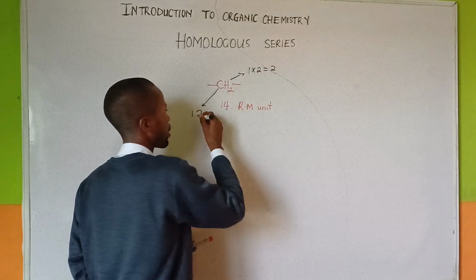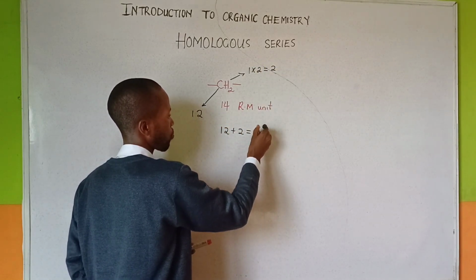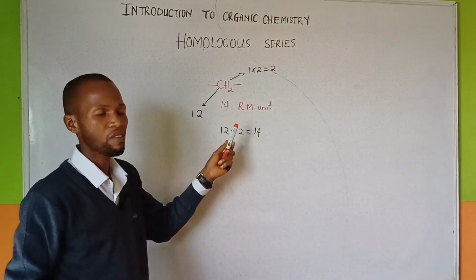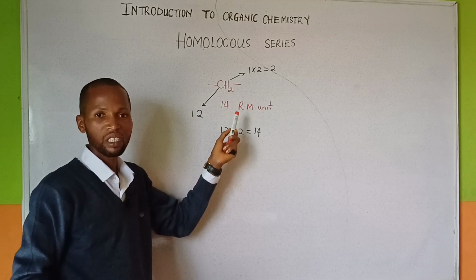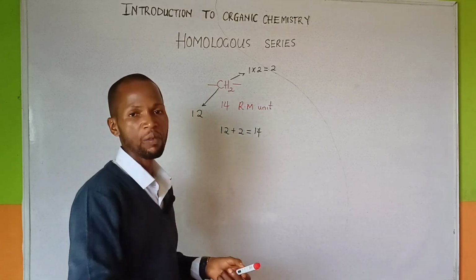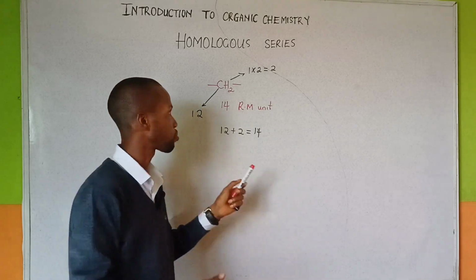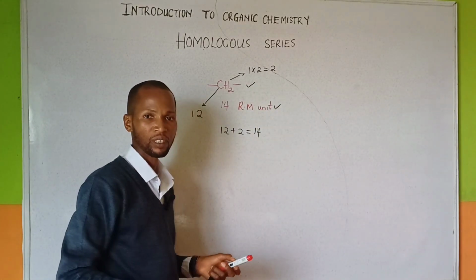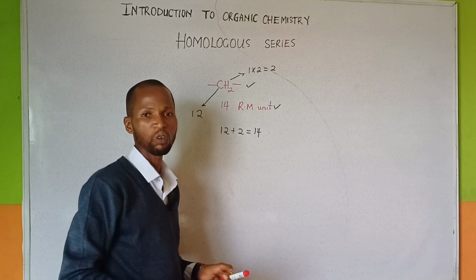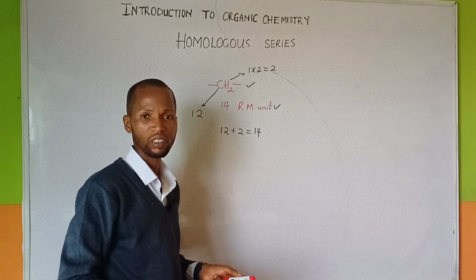Therefore, we have 2 here and 12. 12 plus 2 will give us what? 14. So that is how we arrive at the relative molecular mass unit of 14. Therefore, successive members in the same series differ from the next by a CH₂ group or relative molecular mass unit of 14. This will now lead us to the characteristics of homologous series.